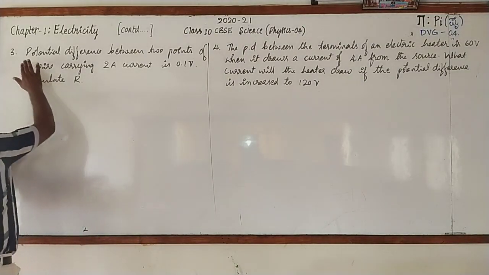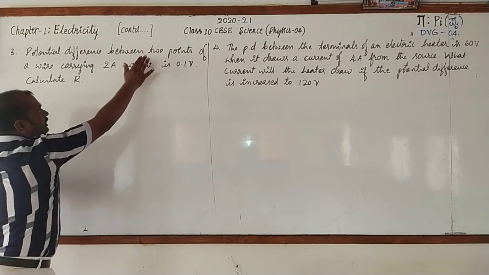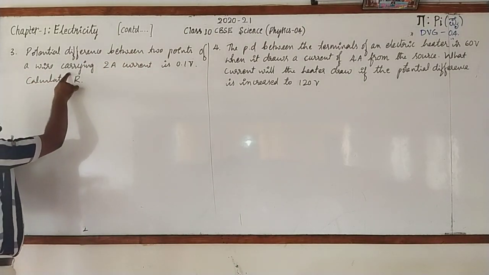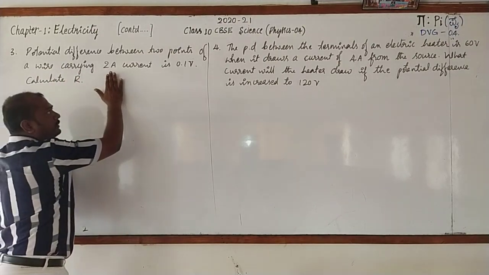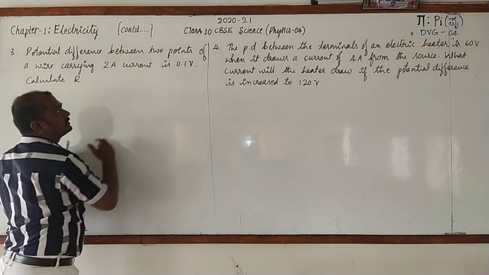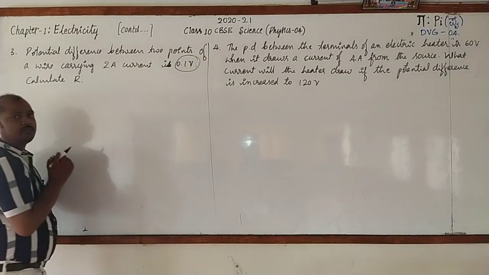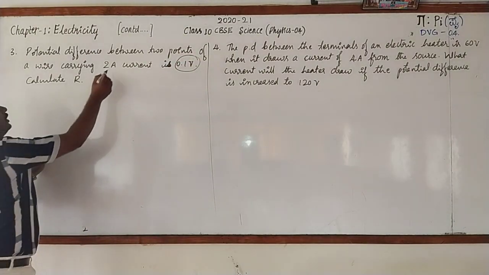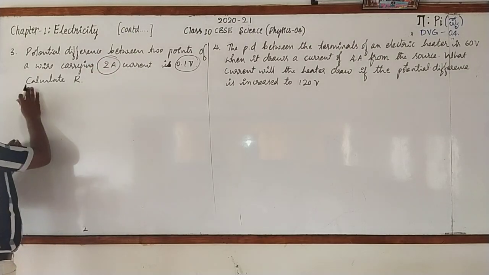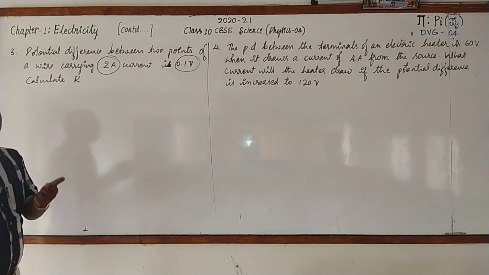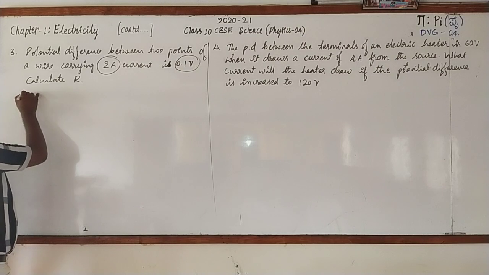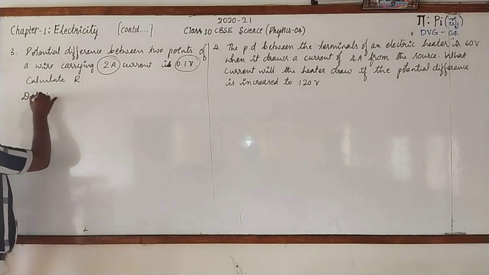Observe. Potential difference between 2 points of a wire carrying 2 amps of electric current is 0.1 volt. See that? 0.1 volt. And here 2 amps. Calculate R. Very simple one. They only have given. Then what do you write in data?